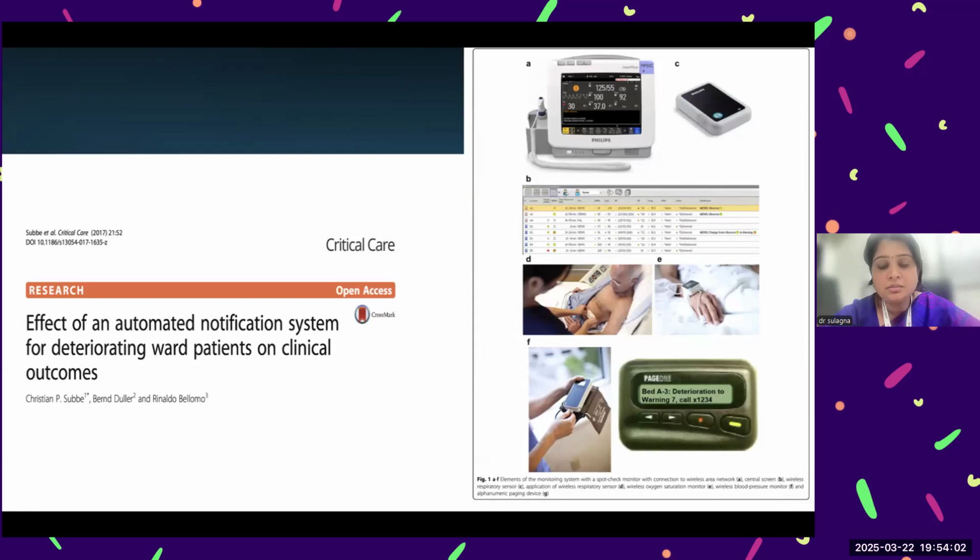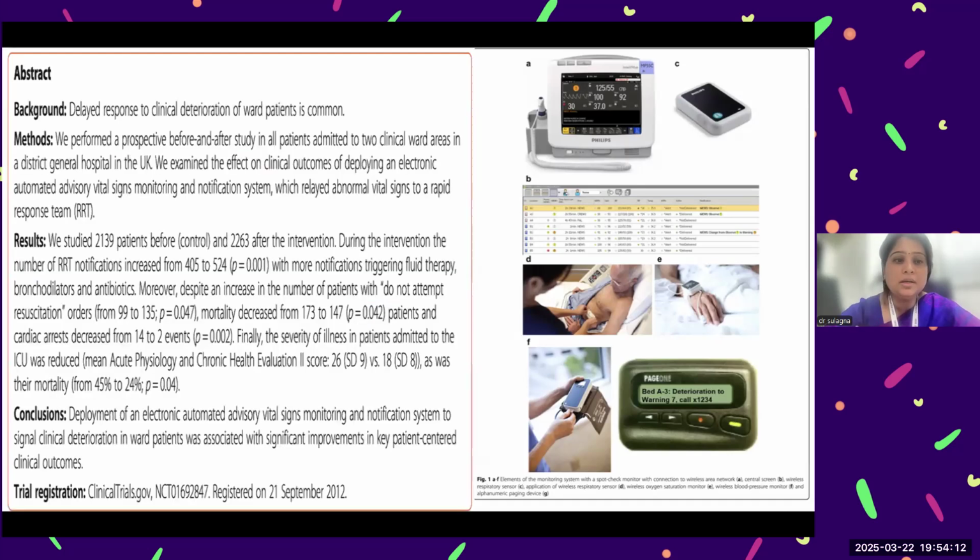One of the published studies in 2017 looked at the effect of an automated notification system for deteriorating ward patients on clinical outcomes. Here more than 2,000 patients were included, and by deploying these automated devices, the notifications to rapid response teams increased considerably, and it also led to a decrease in mortality and a decrease in the number of cardiac arrests.